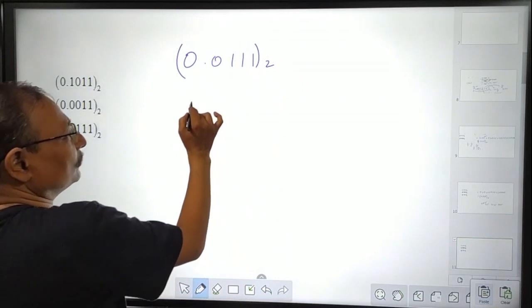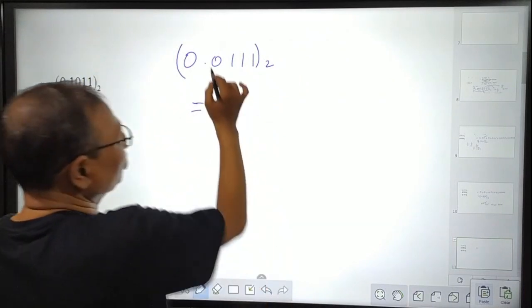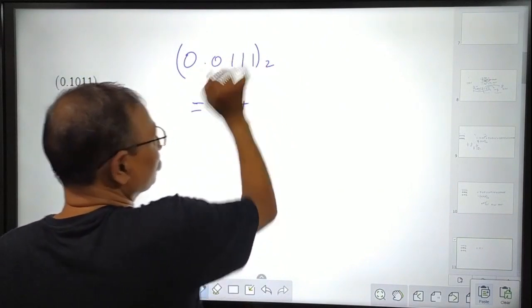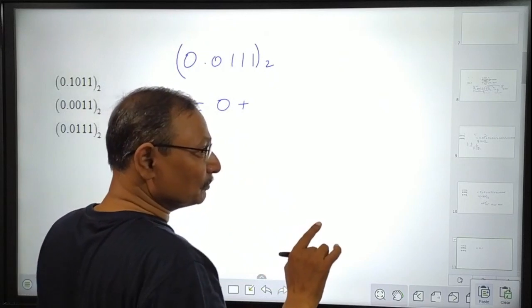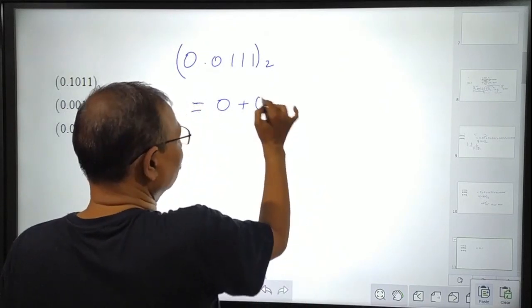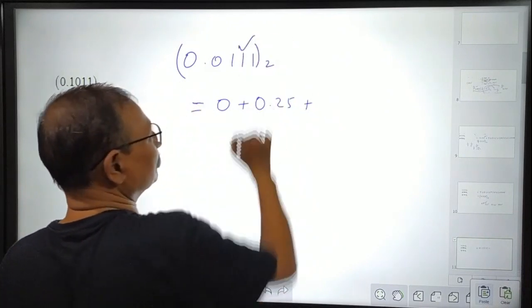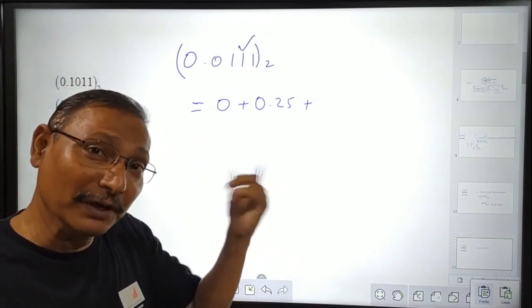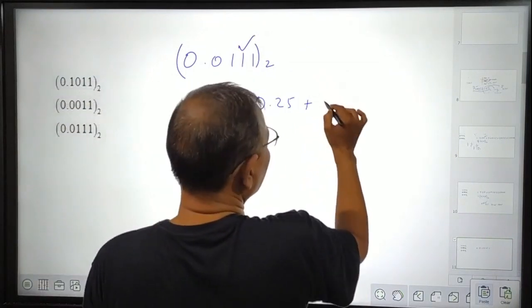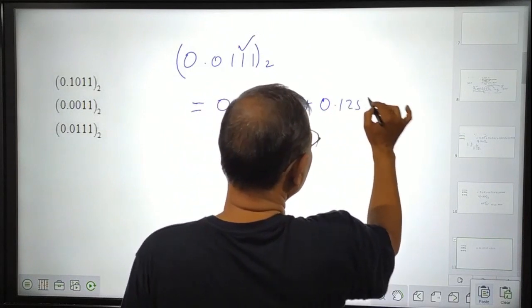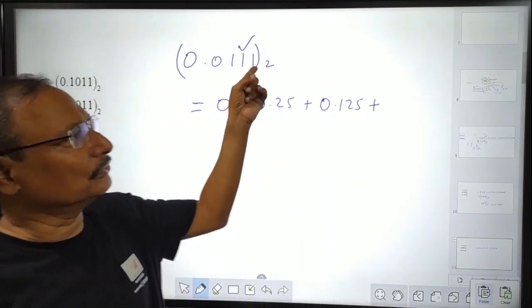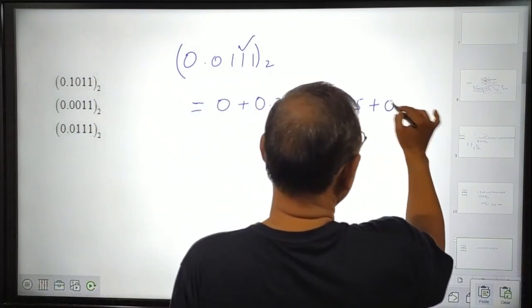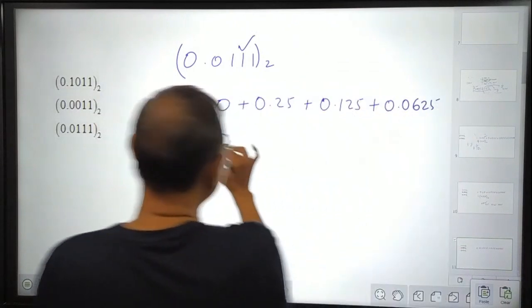Again for conversion we multiply by 0.5, it will give us 0, and this one we will multiply by 0.25, so simply write 0.25, and this one we are supposed to multiply by 0.125, 0.5 cube, simply you can write 0.125. And finally this one is to be multiplied by 0.5 to the power 4, that means 0.0625, and now add them to know the number.